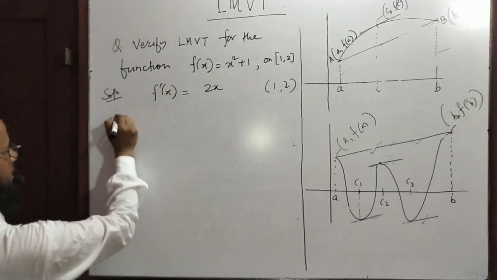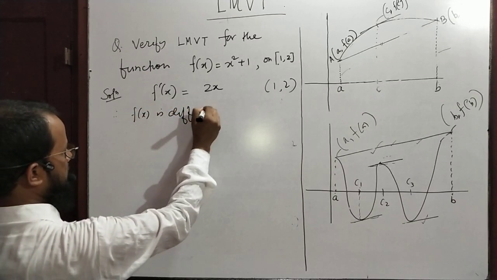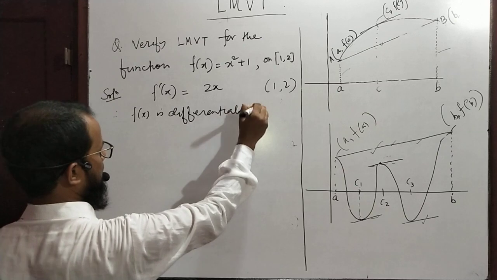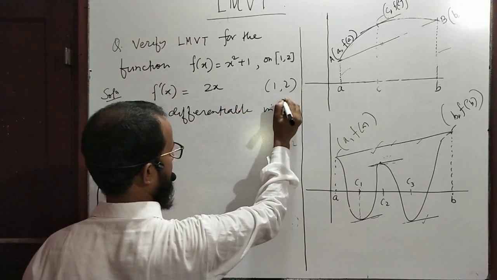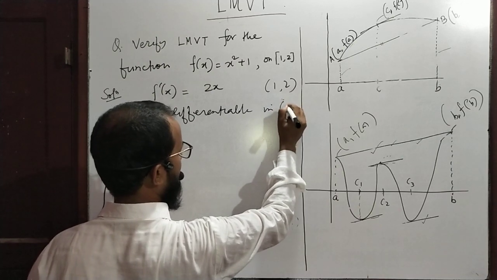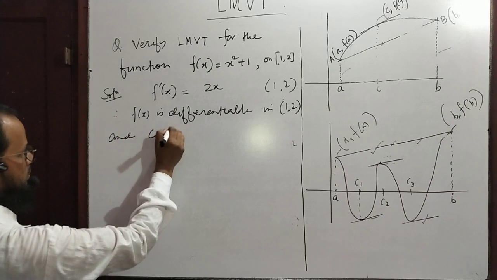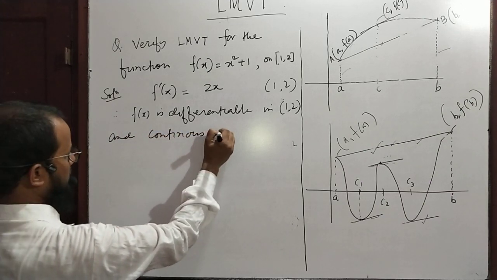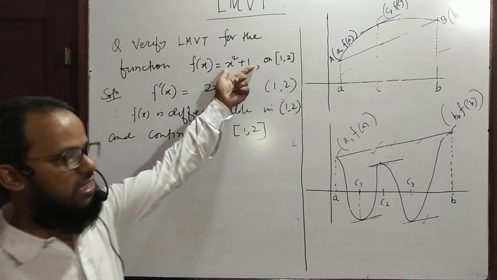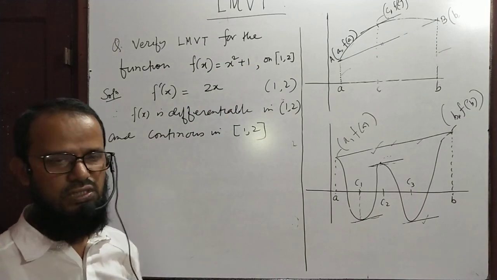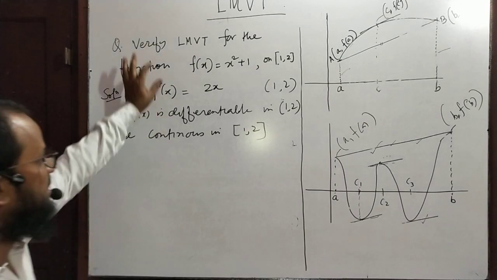So we can say that f(x) is differentiable in the open interval (1, 2) and continuous in the closed interval [1, 2]. Continuous, why? Because it is a polynomial function, and we know polynomial functions are always continuous. So both conditions of LMVT are satisfied.